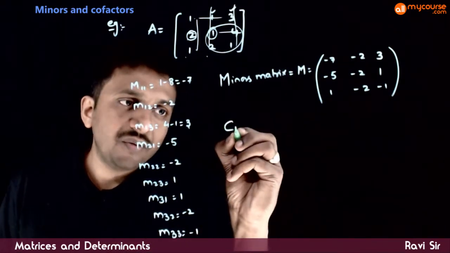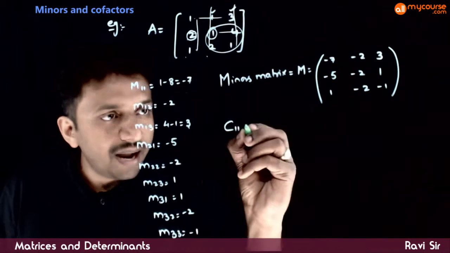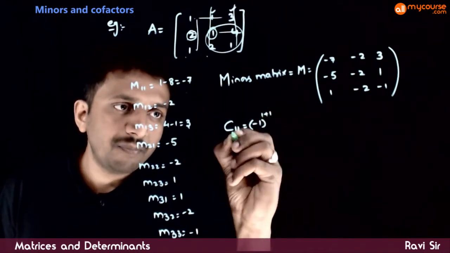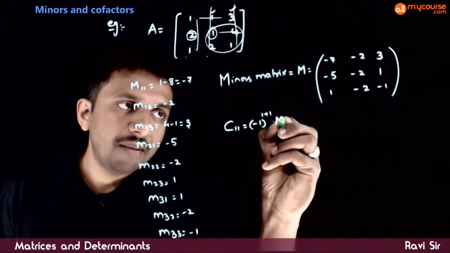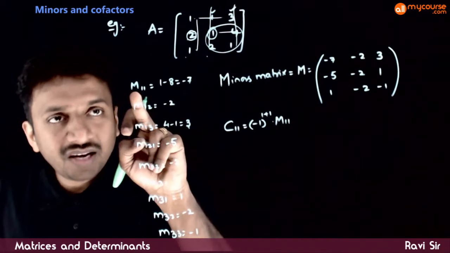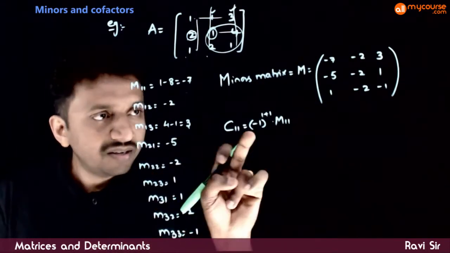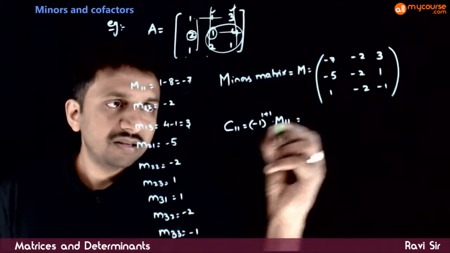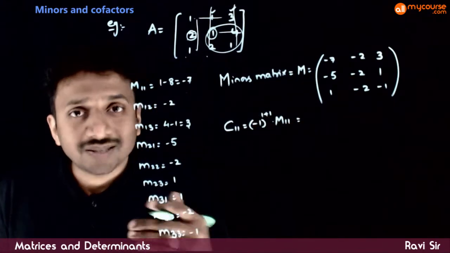So what is C11? By definition, C11 is minus 1 whole power 1 plus 1 times M11. So C11 will be very closely related to M11 with an extra minus 1 whole power 1 plus 1. As you can see, minus 1 whole square is plus 1.